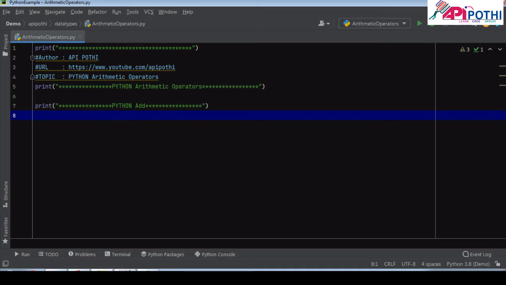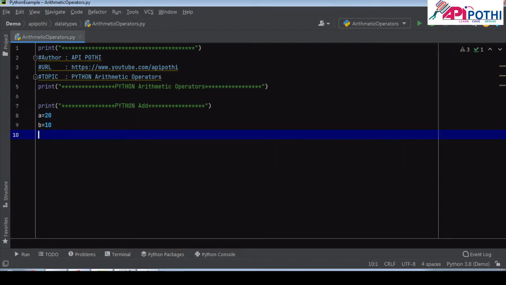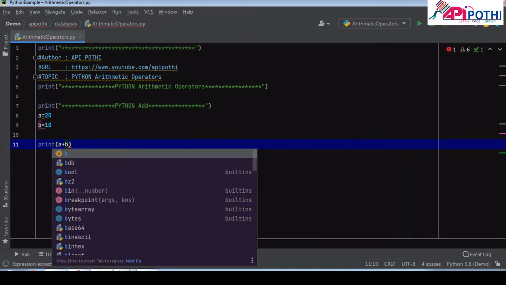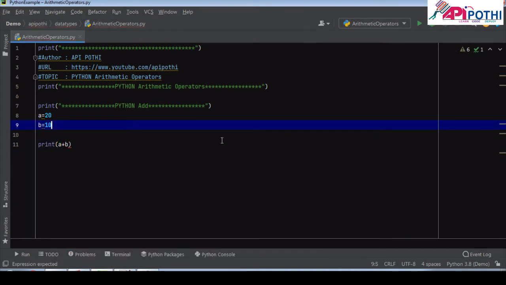So I want to add two numbers: a equal to 20, b equal to 10. We don't have to write the semicolon also. Now we need to print a plus b. Let's run this code.